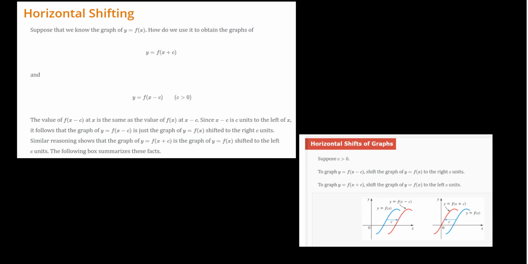Suppose that we know the graph of y is equal to f of x. How do we use it to obtain the graph y is equal to f of x plus c? So it's essentially, we have y is equal to f of x, but this is now saying f of x plus c. So we're essentially putting a constant in there that we are adding to.